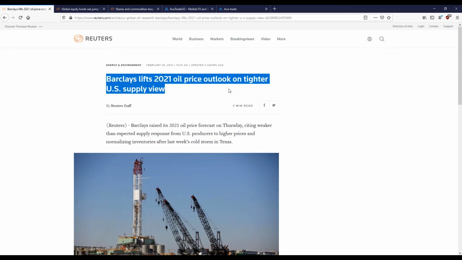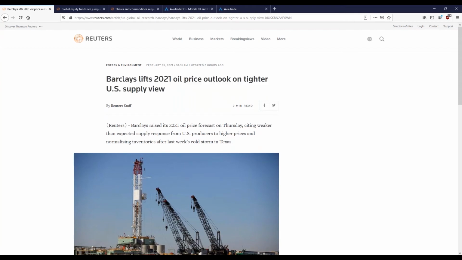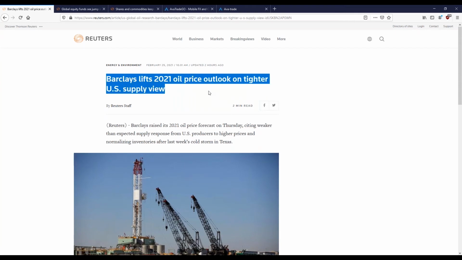Okay, so if also the economies are starting to recover with the vaccine distribution ramped up, and maybe eventually in 2021 economies opening back up in full or close to full capacity, the outlook then makes sense. That's why this headline is saying what it's saying. Expecting oil price to be lifted in 2021 on tighter U.S. supply view, and then you could also talk about maybe increased demand potentially.